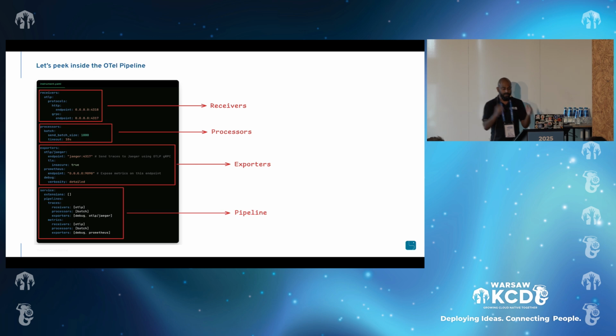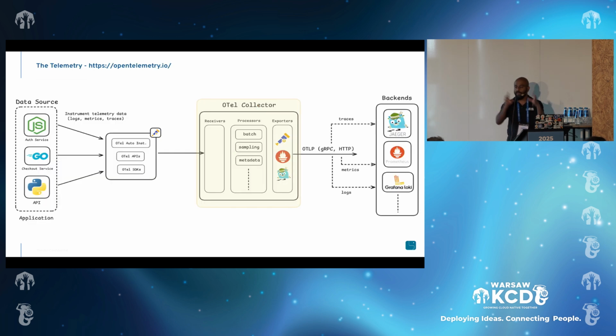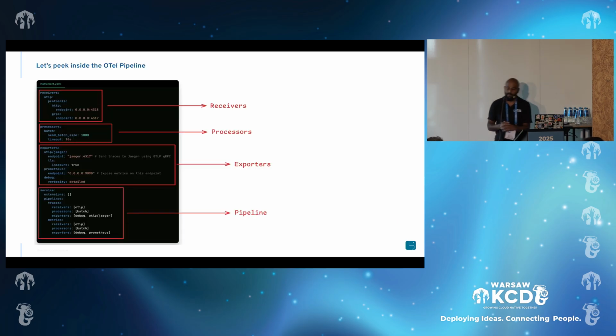Right. So I talked about the OTel collector, the yellow box. This is what it looks like in YAML form. There are a couple of key sections here. One is the receivers. That's how you receive the telemetry. When you use the annotations, or whether you use SDKs, you'll eventually end up sending the data to an OTel pipeline.